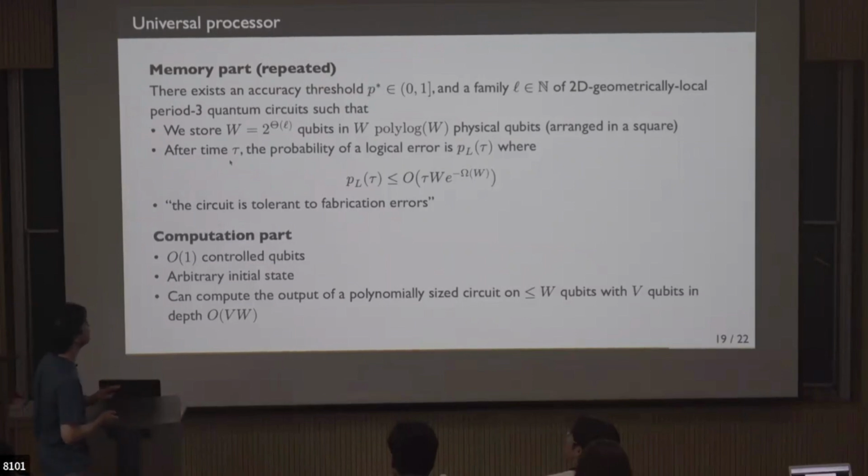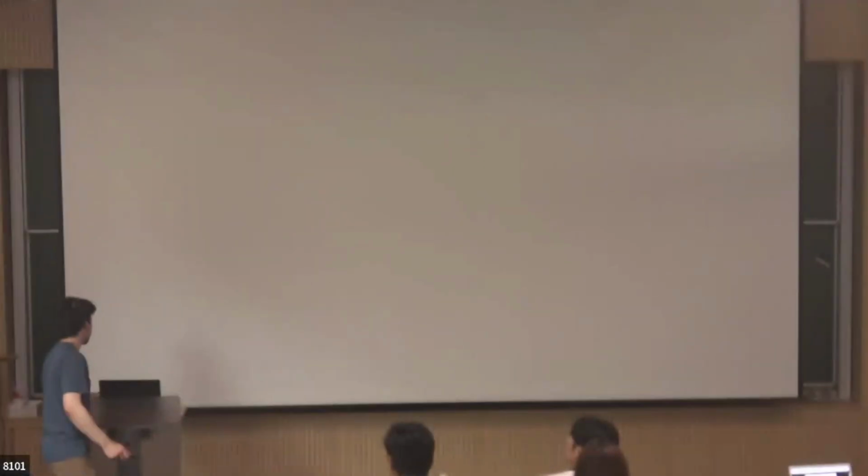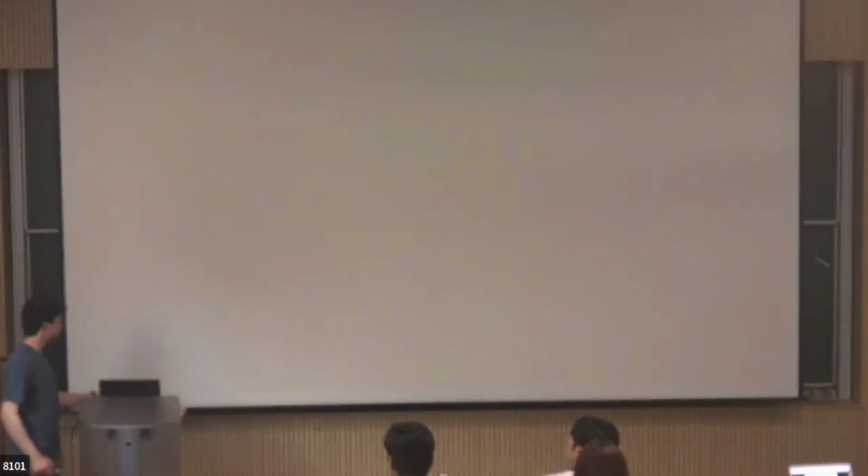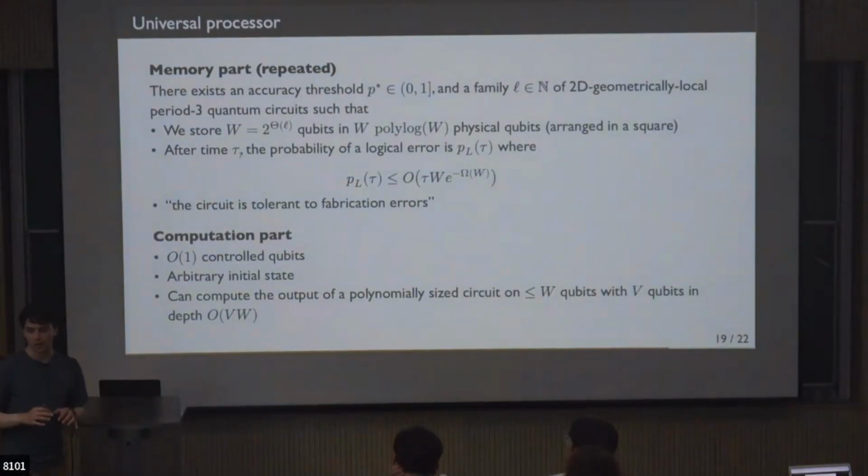But yeah, it's sufficient. And the quantifiers are a little bit weird because the family is independent of the circuit you would like to run. But essentially, the width of the tape and the length of the tape are not quite coupled so closely.